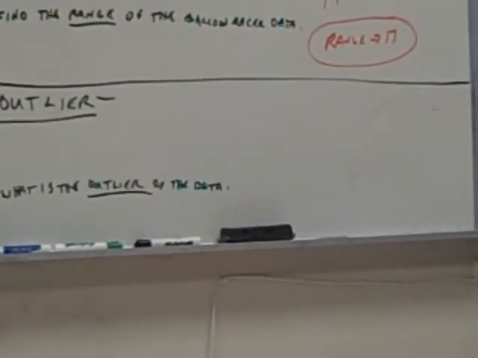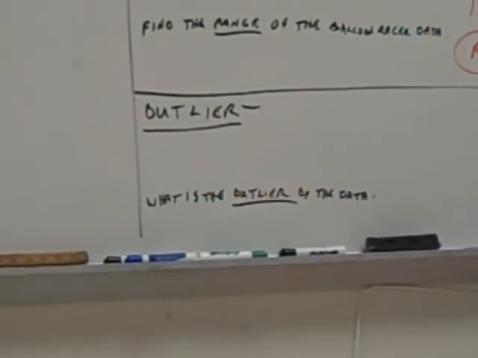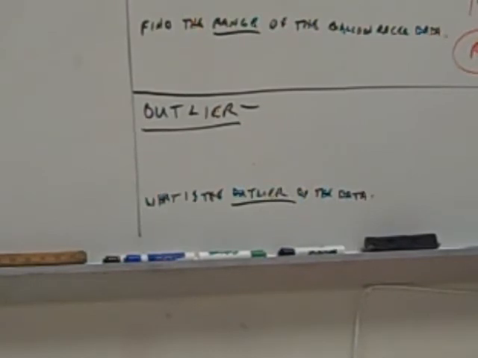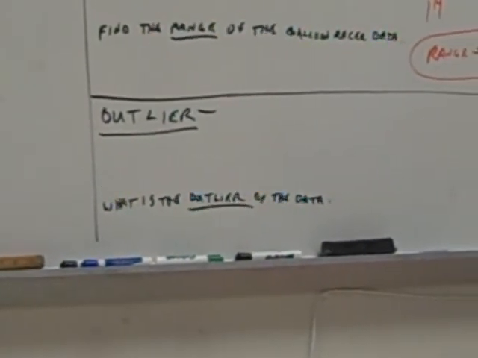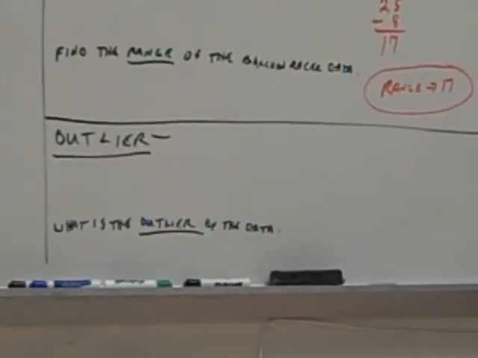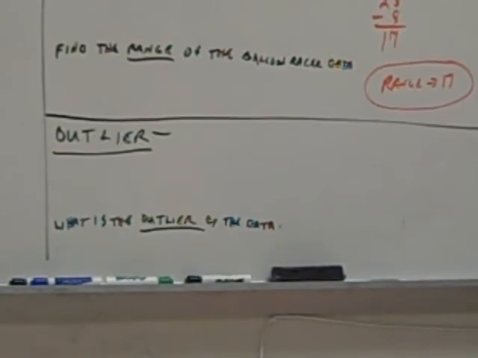Now, the outlier. What piece of data in the list, whose balloon racer, messes up our data? Ties, because it only went 8.